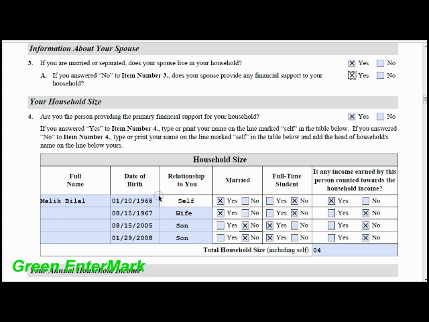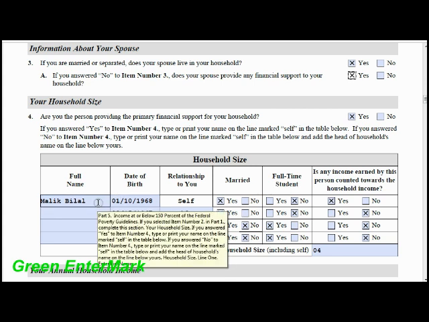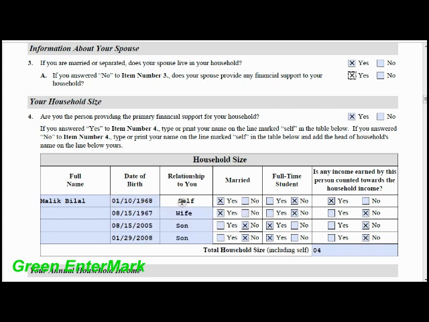Just like, Malik Bilal, date of birth, self, married yes, full-time student no, and any income earned yes. The second one is his wife, date of birth, relationship, married yes, full-time student no, and any income no. Two sons, same like this, and after this you are done.